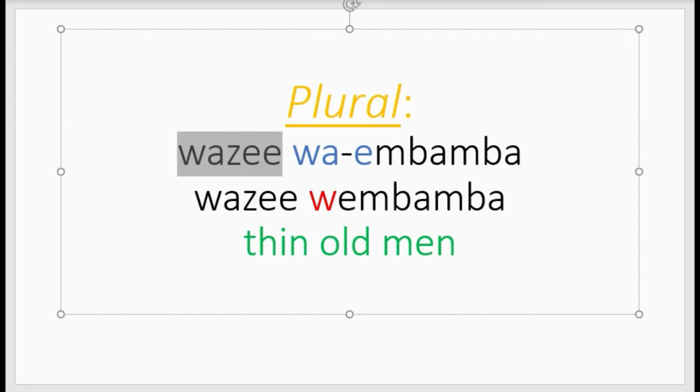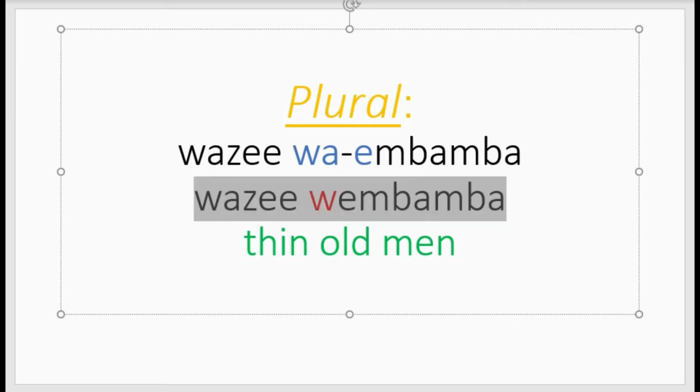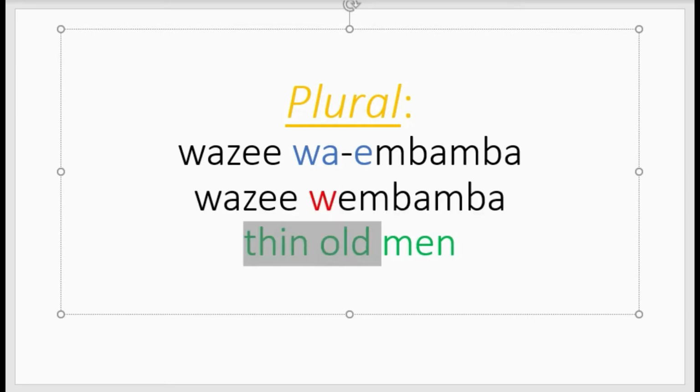Wazee, wa joined with a, we get we. Wembamba. Wazee wembamba, thin old man.